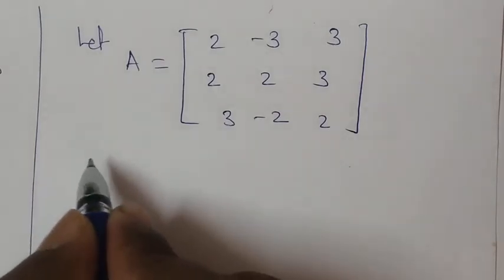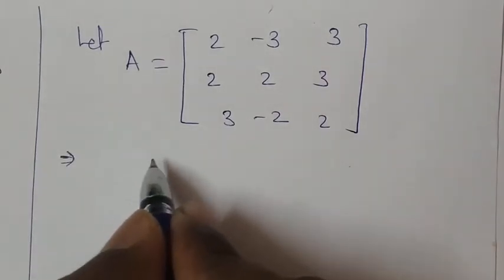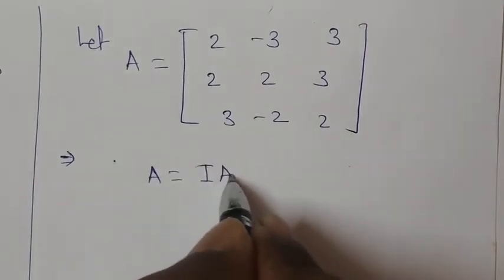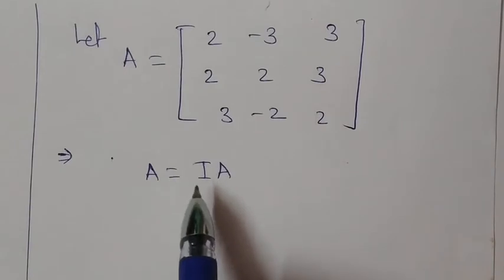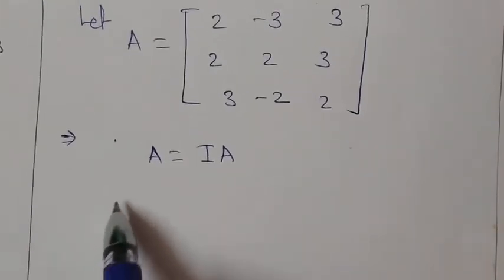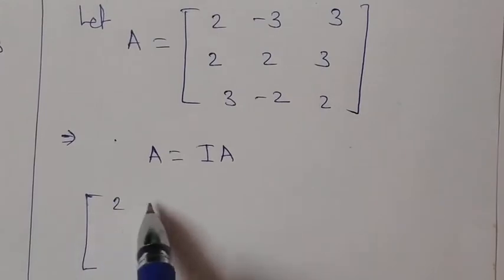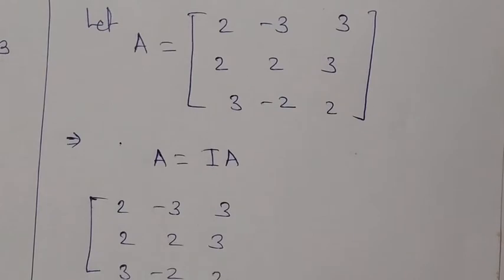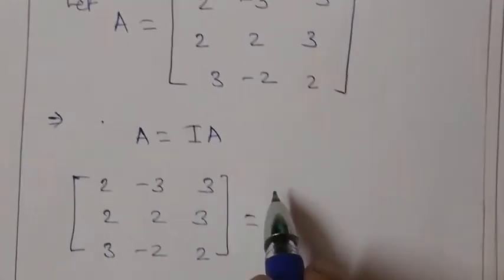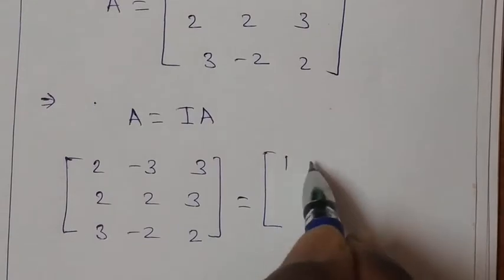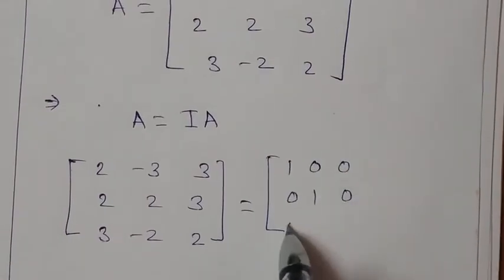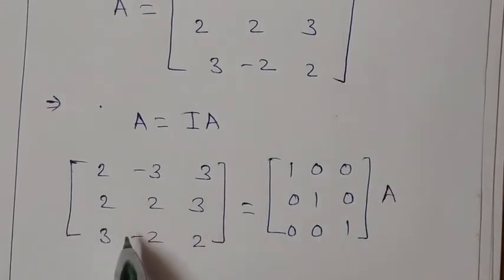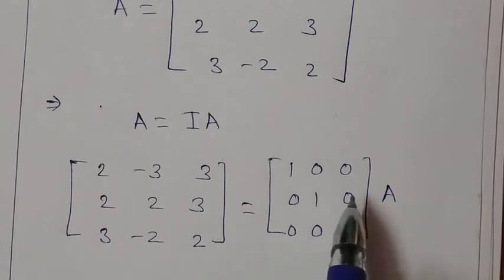Now we know that IA equals I of A. You must know that you can multiply any number by I. Then A is 2 minus 3 3, 2 2 3, 3 minus 2 2, times I. What is I? 1 0 0, 0 1 0, 0 0 1, into A. If the matrix is 3 by 3, the identity matrix must also be 3 by 3.